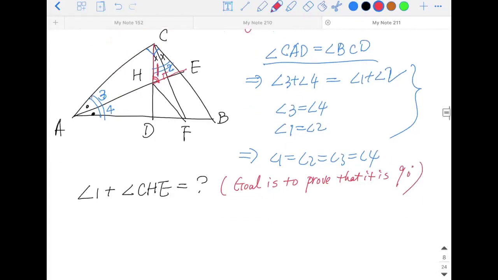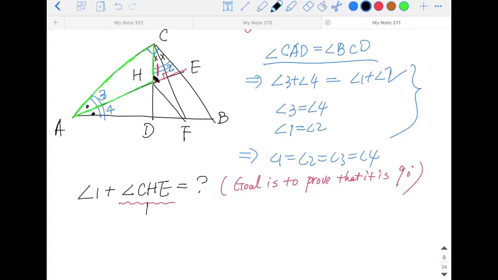Okay, let's check it out. What is CHE? CHE is the external angle of this triangle, right? We keep using the strategy we introduced from day one. It's the external angle of this triangle.